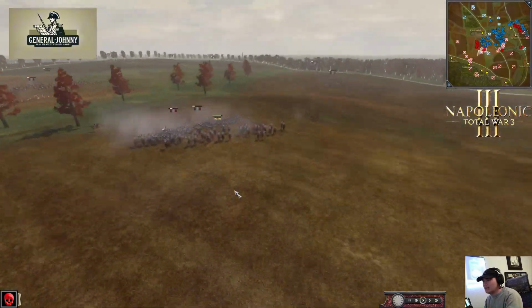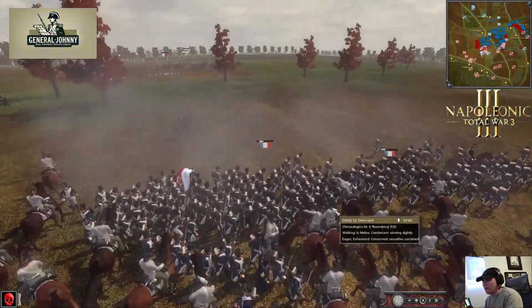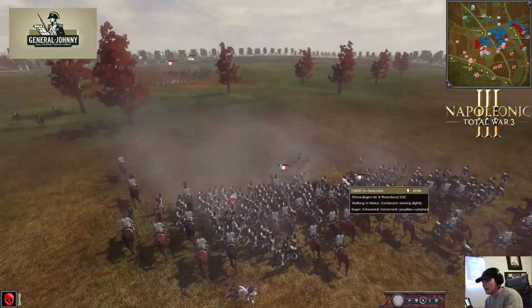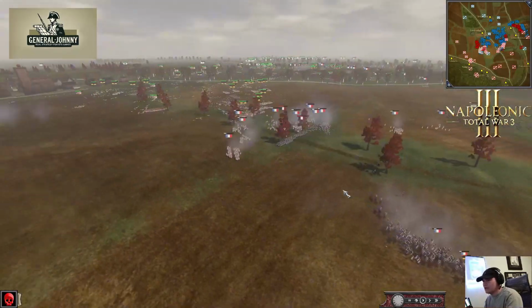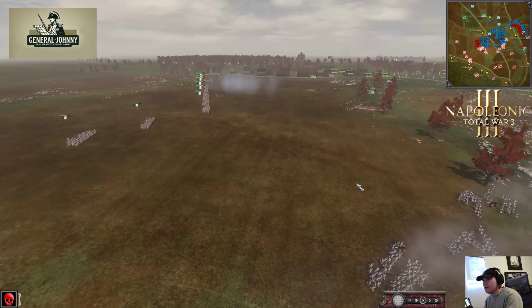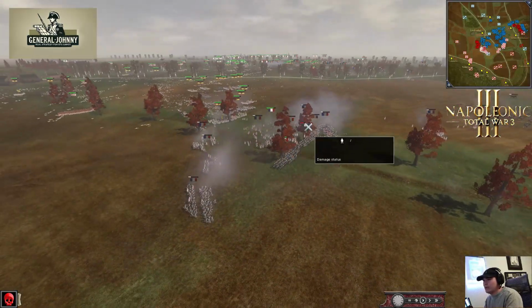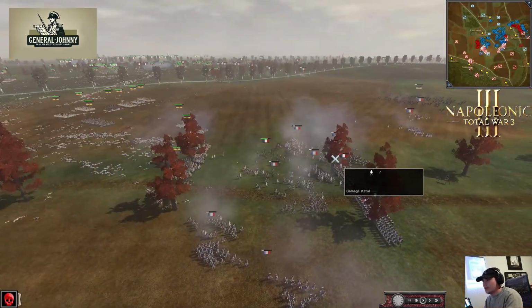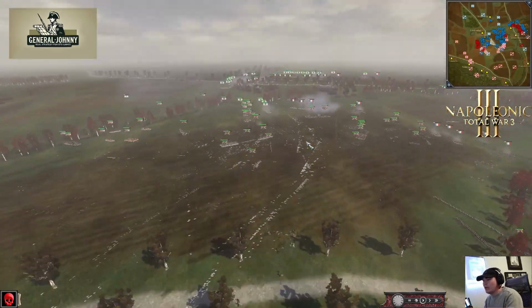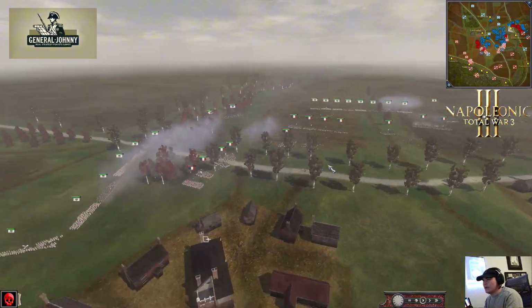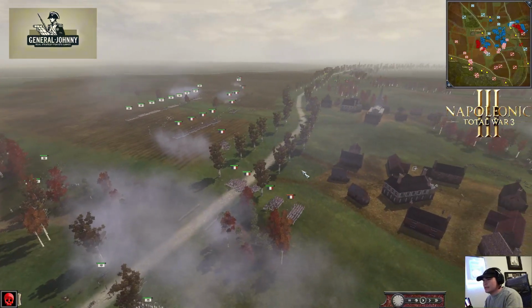But yeah, you can see the CAV still farming, or pursuing, I like to say, the routing infantry unit. And the rest of this really is just running down the rest of this infantry. And I'm not going to spoil, or I am going to spoil the rest of this video already. I mean, look, this is all the French, okay?